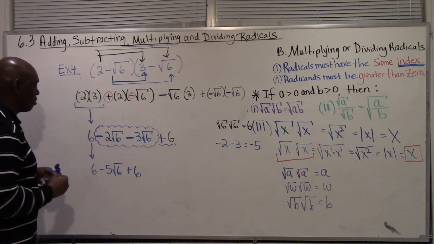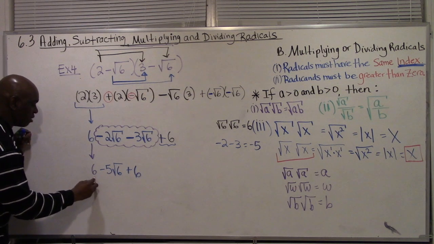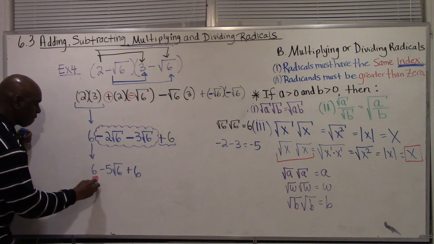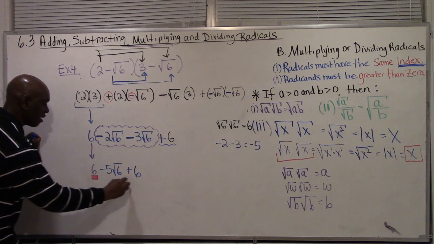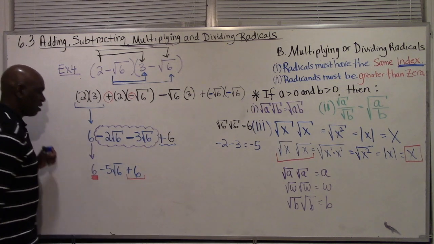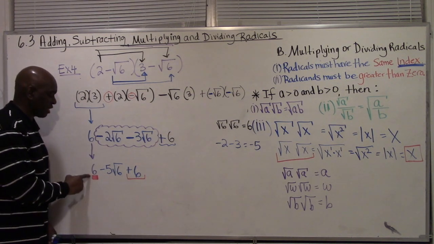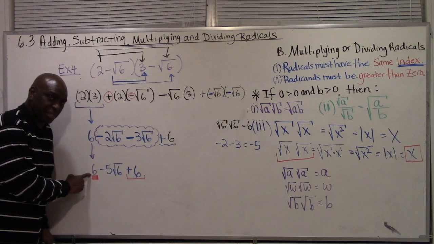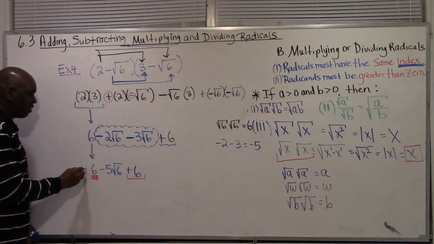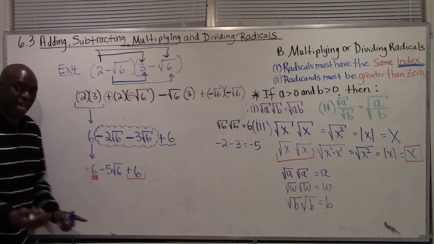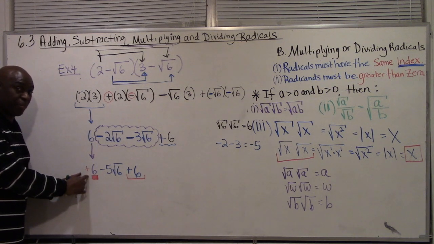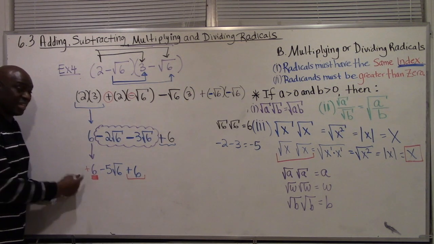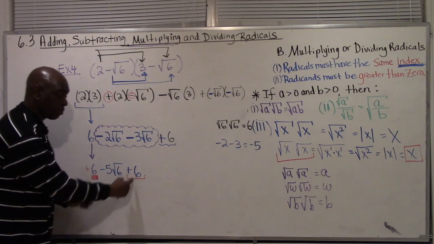All right, now combine these ends right here. A positive 6 and a plus 6. This 6 is not negative, guys. This is a positive 6. The sign right here is a plus 6. The sign is always to the left side of the number. Does anyone know what a plus 6 and a plus 6 is?